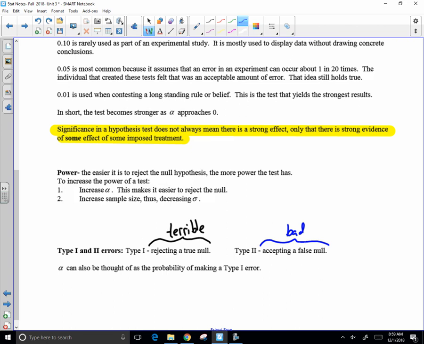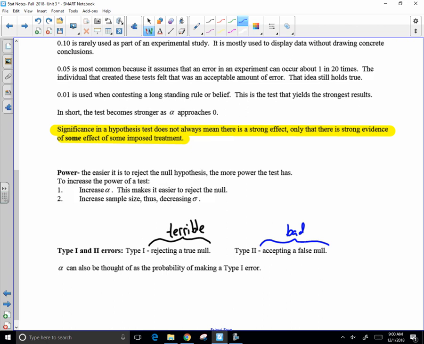A year later they say, we should look at this prohibition thing again because the people seem to be very upset about it. Maybe we should get rid of it. They ran their data analysis and said, nah, turns out that the people still like prohibition, so we're going to continue to use it. Accepted a false null hypothesis.